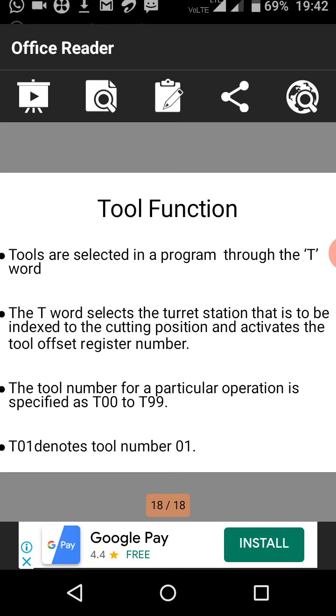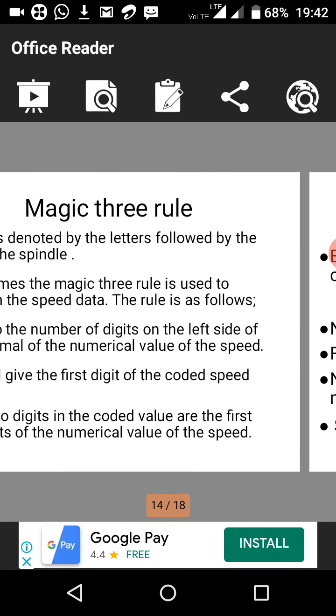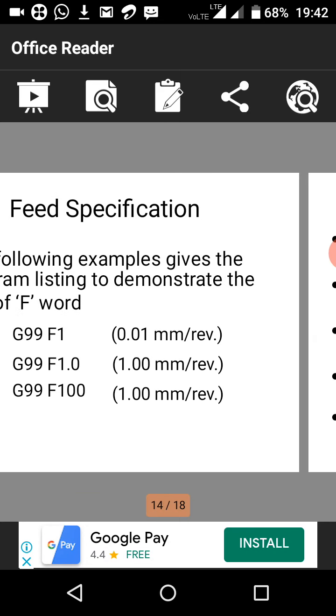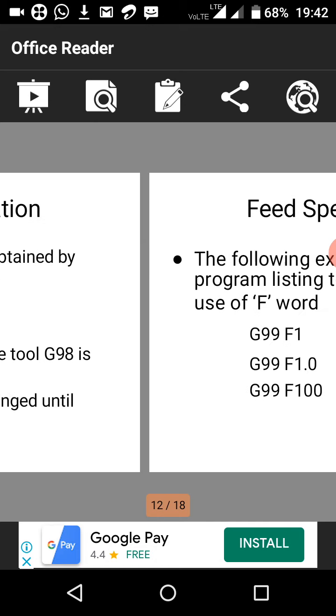So today what we have studied: the difference between manual and computer aided part programming, speed specification, feed specification, and the magic 3 number rules, that is 3 rules for magic, which we have seen with an example. Next, tool function. So till here we'll see today. Next class we'll see the next topics. Okay, thank you very much.